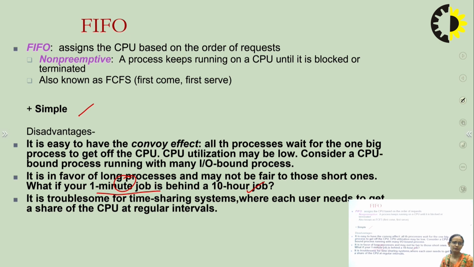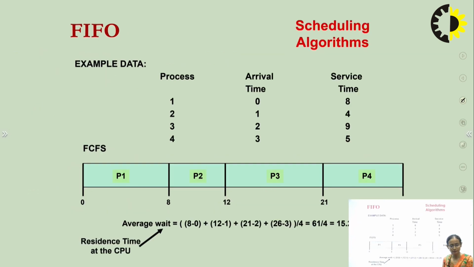It is troublesome for the time sharing system where each user needs to get a share of the CPU at regular intervals. So let's discuss the FIFO algorithm with the help of this example.